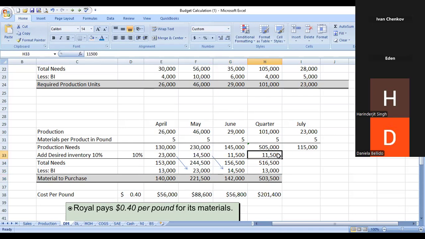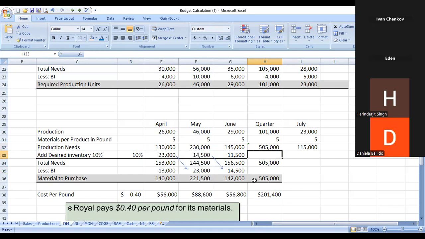So now let's do the calculation for the materials that we need. First, we're going to get April plus May plus June. So we definitely need 505,000 pounds of material. What else do we need?